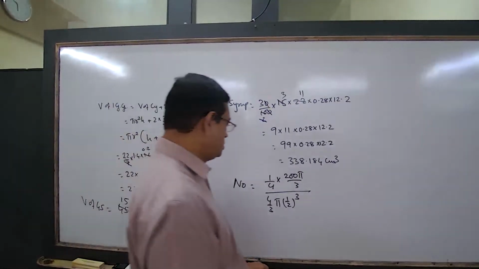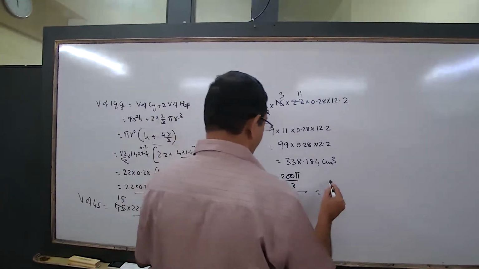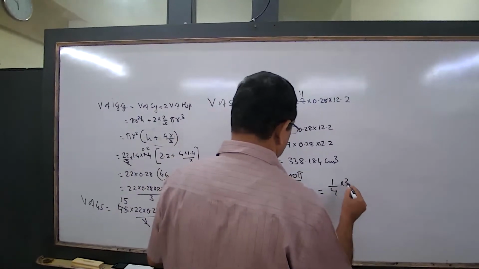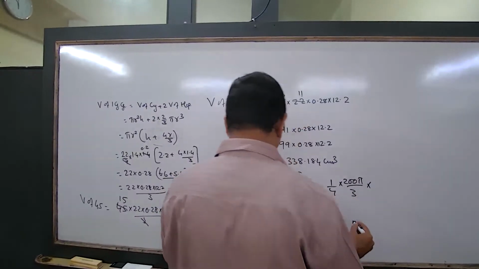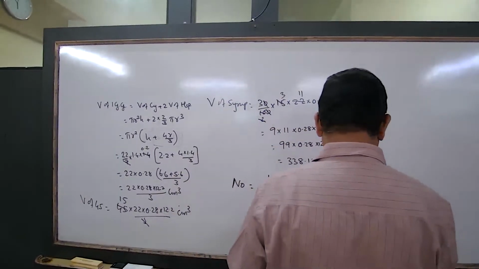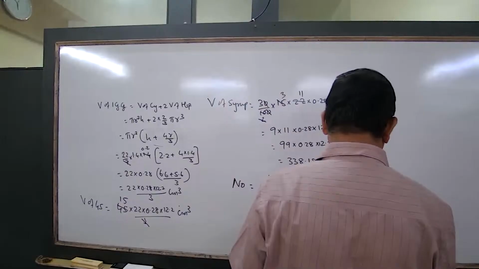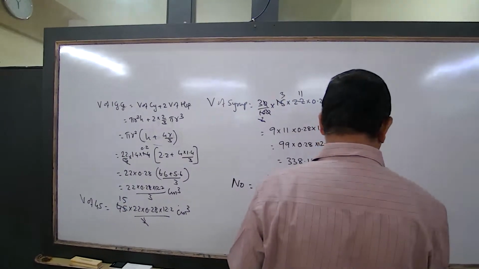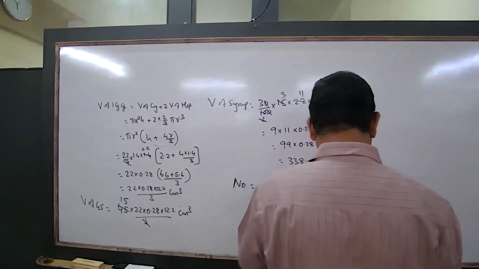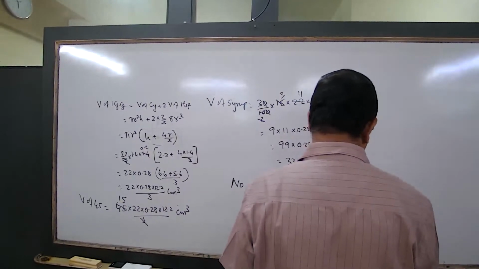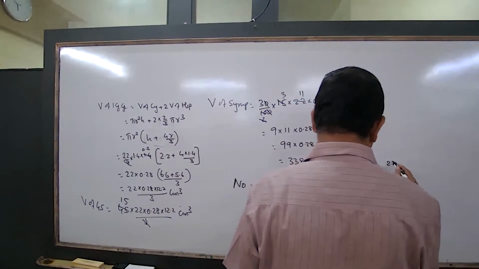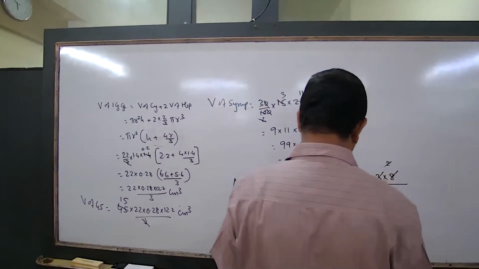Here, look here. This is coming as 1/4 into 200 pi divided by 3 into this will come 4 pi, and this will come 3, will come 8. Then cancel 3 3, 5 5, 8 2, 200 by 200.